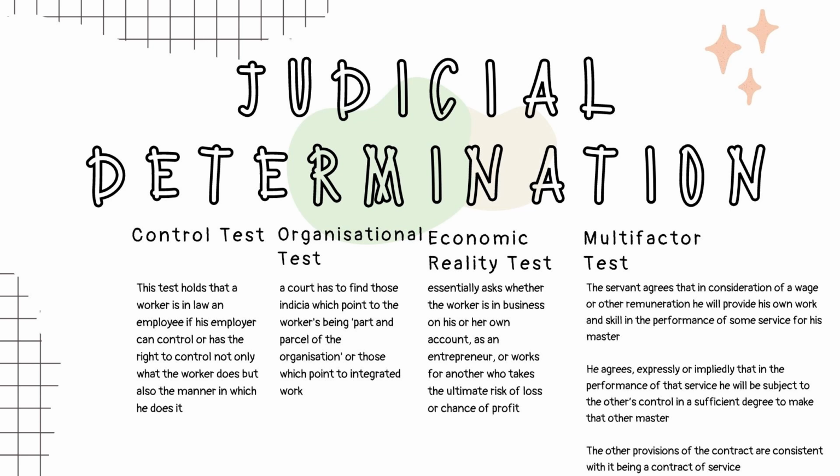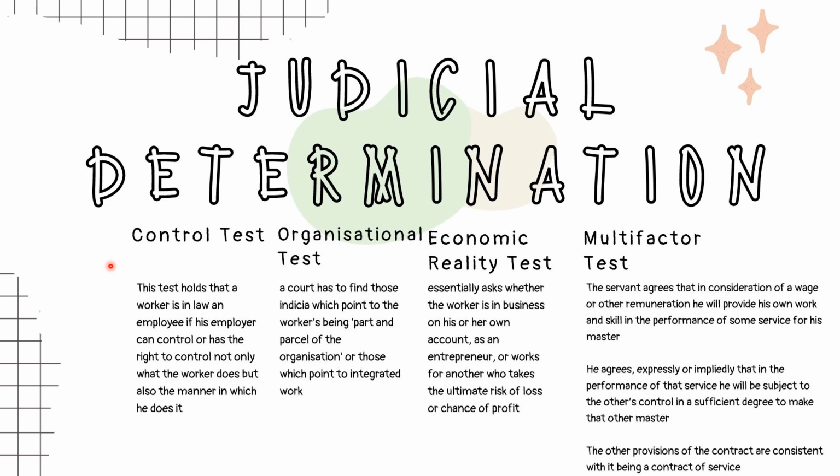Alright, so now let's start with the control test. The control test basically holds that a worker is an employee if his employer can control or has the right to control not only what the worker does, but also the manner in which he does it.